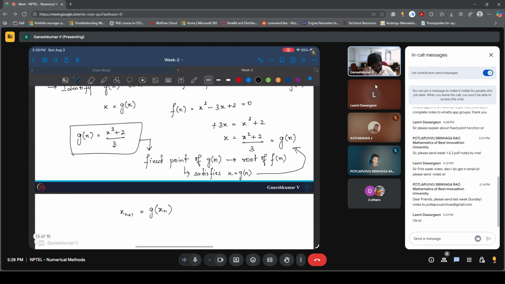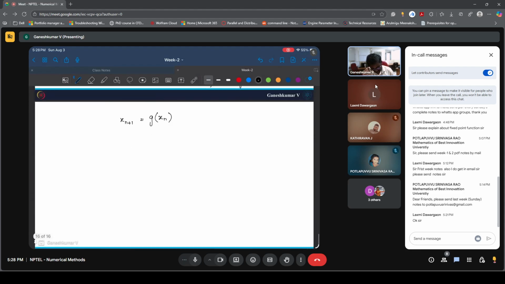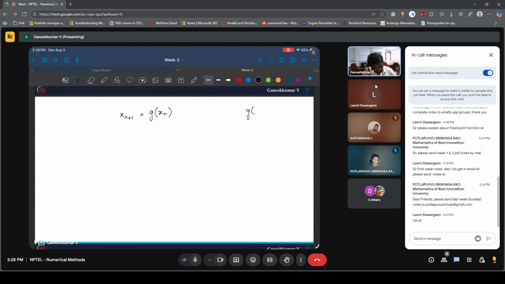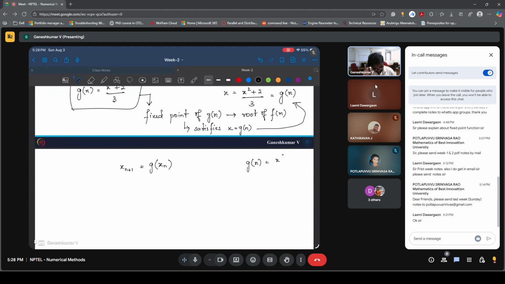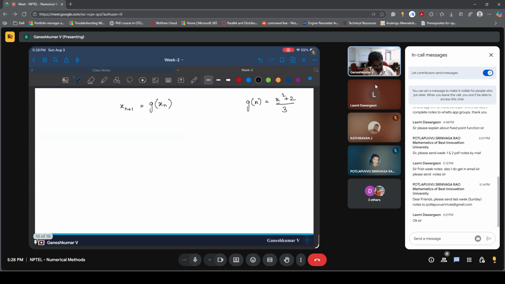Okay, so for example, let me tell you. Let's say your g of x is, you take the same thing, x square plus 2 by 3. Now fixed point is this g of x is equal to x.